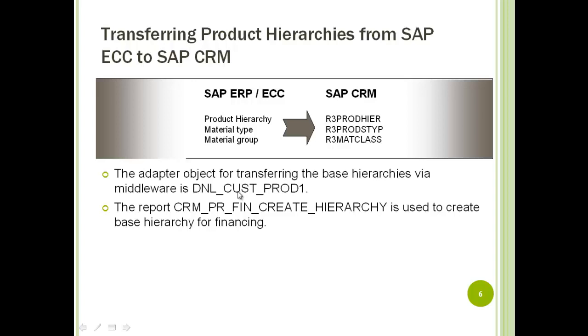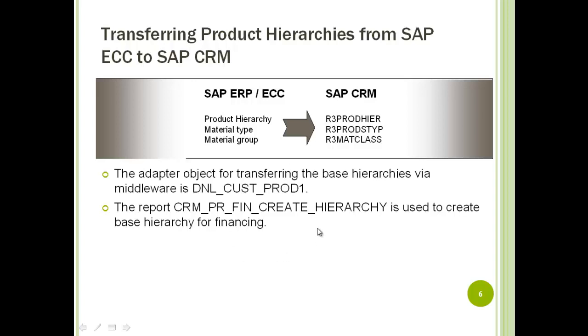Okay. So, the main base hierarchy generally replicated from SAP ERP is the base hierarchy for material service, R3PRODSTYP. This one. Okay. So, this hierarchy is assigned to the application product. Now, the base hierarchies for the product types, intellectual properties, warranties, service are created in SAP CRM.